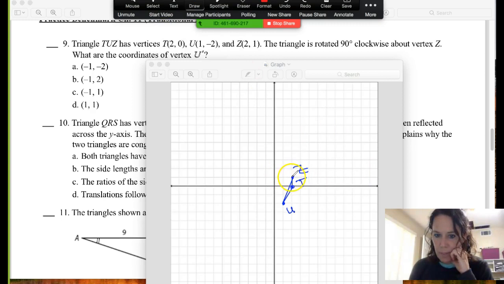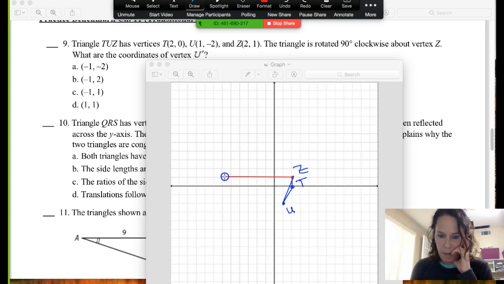So if I were to make an L, I'm going to rotate around point Z. If I want T to rotate clockwise, meaning this way, around point Z, I'm going to have it go this way 90 degrees. Let me draw a straight line here. Okay.